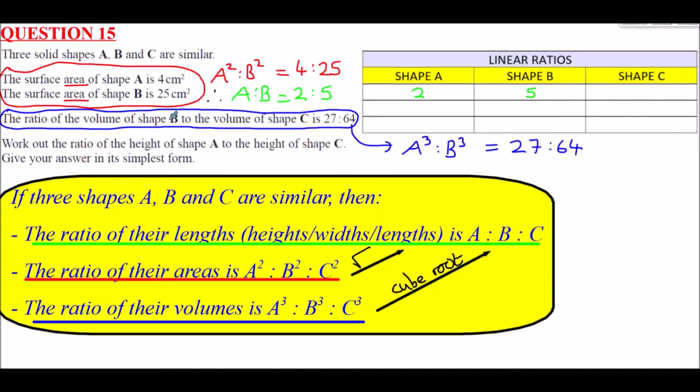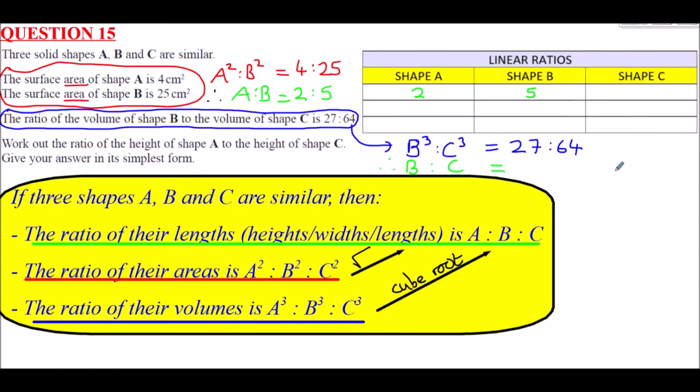I apologise, this isn't A to B, it's B to C. I do apologise, I'll just correct this here. So now what we can do is work out the linear relationship by taking the cube root of both sides.